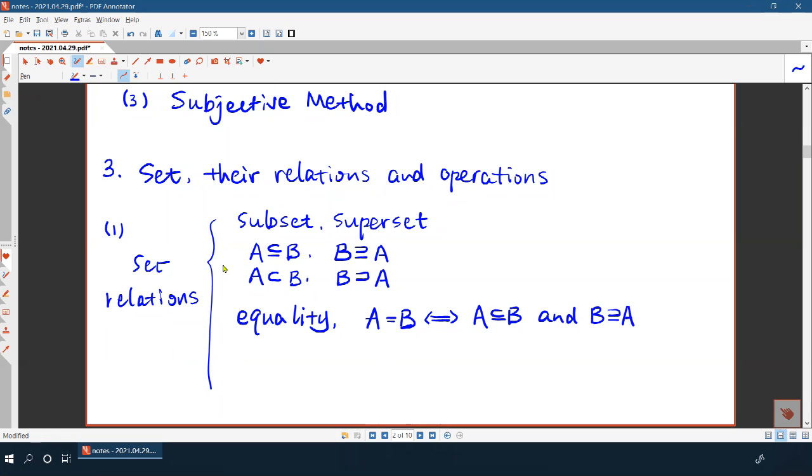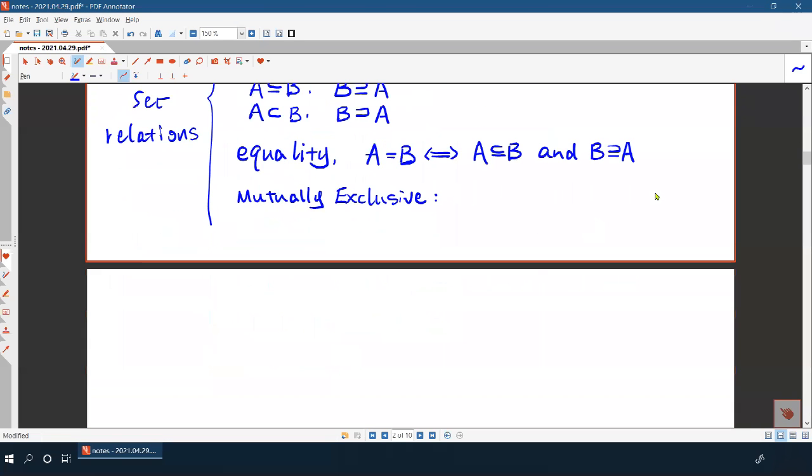Okay, and the third relation is called mutually exclusive. In this relationship, we say A and B are mutually exclusive, which is equivalent to the intersection between A and B being the empty set, or the probability of the intersection of A and B being 0, right?